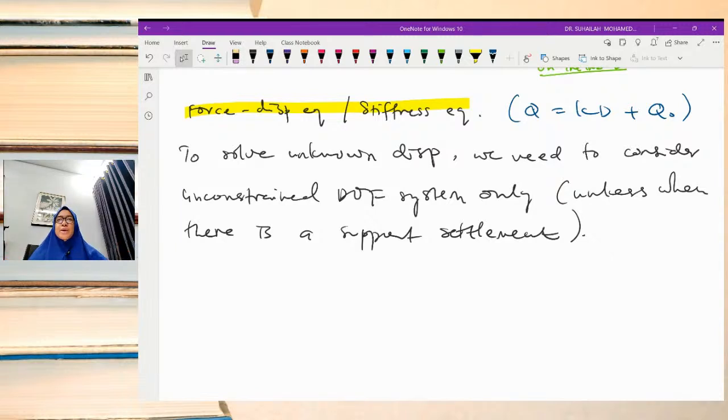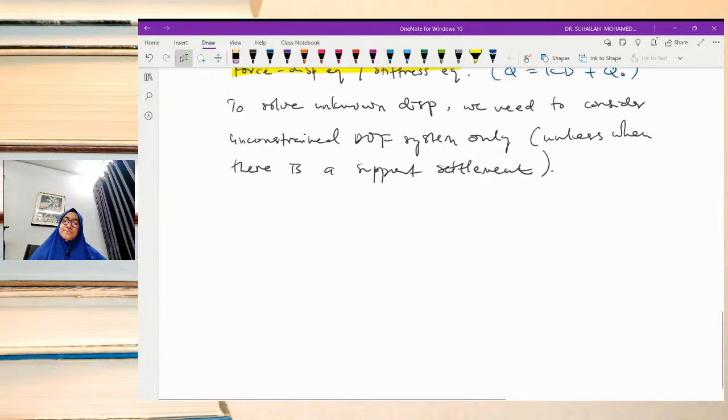But if the question is just determine K, establish K, and then solve for the unknown displacement, and then solve for the unknown reaction, then actually we don't have to write it in full.